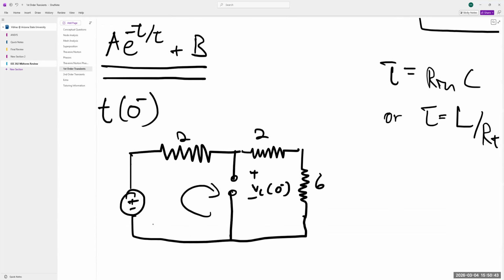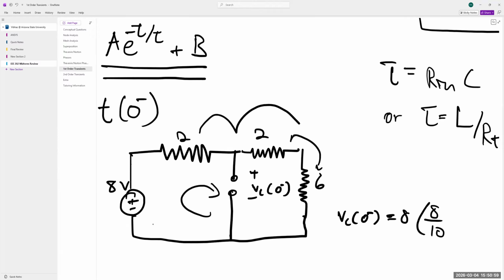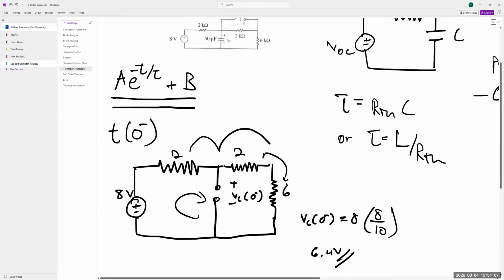The source is at 8 volts. So VC of 0 minus is equal to 8 volts times 8, which is the sum of these two, over 10, which is the sum of all three of these resistors. So that's going to give you 6.4 volts. So VC of 0 minus is 6.4 volts, right?